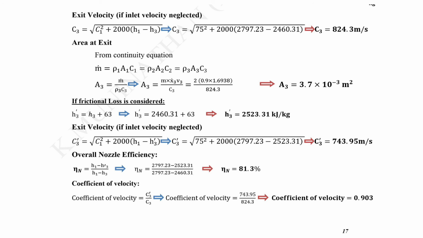And the overall nozzle efficiency eta n is equal to H1 minus H3 dash divided by H1 minus H3. From that we can calculate the overall nozzle efficiency, and then the coefficient of velocity is equal to C3 dash divided by C3. From that we can calculate the coefficient of velocity of the steam.